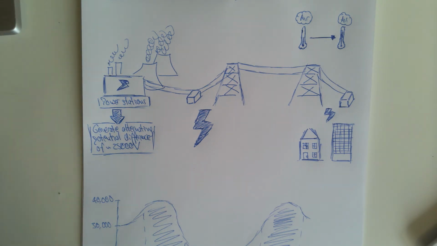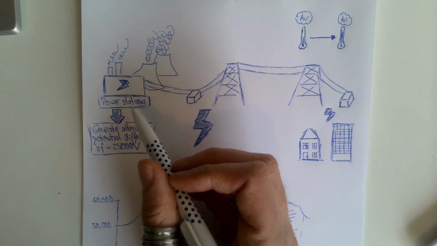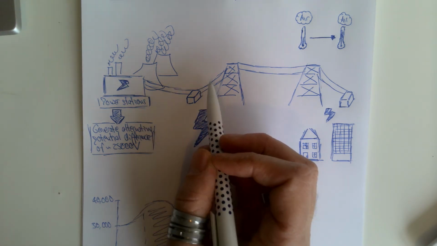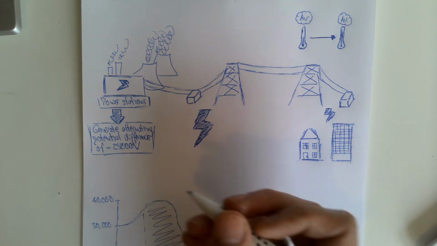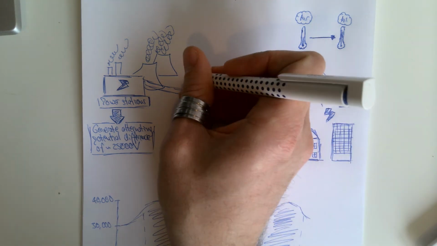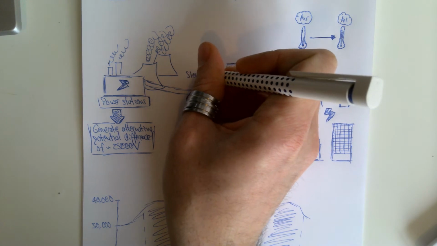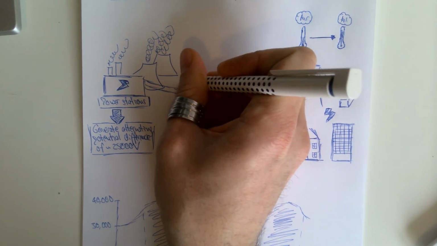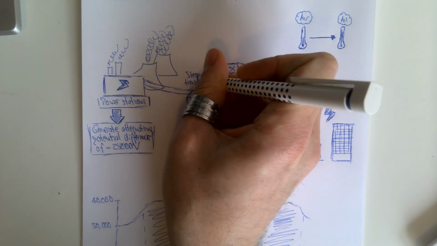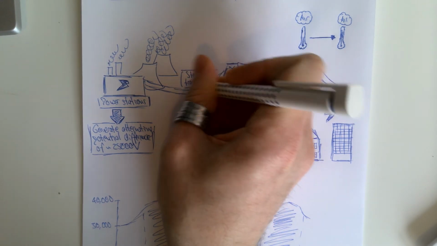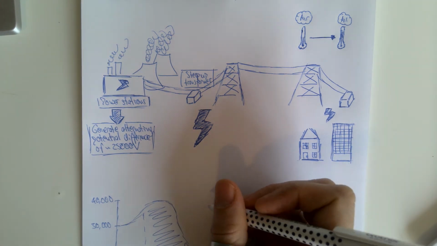So in order for electrical power to be able to make that distance of travel, we actually have to increase the voltage before it goes anywhere. So the electrical power that's going to be supplied to our homes, before it goes through these power cables, goes through something called a step-up transformer. So before it goes anywhere long distance, it goes through what we call a step-up transformer.